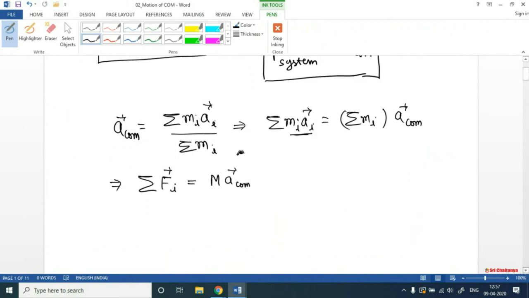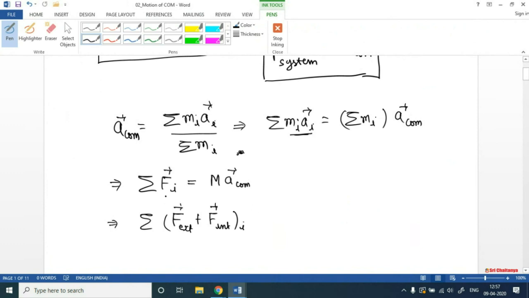Now let's look more closely at this relationship. The net force on the ith particle will comprise the external force acting on the ith particle, that is from outside the system, and the internal force acting on the ith particle from inside the system.